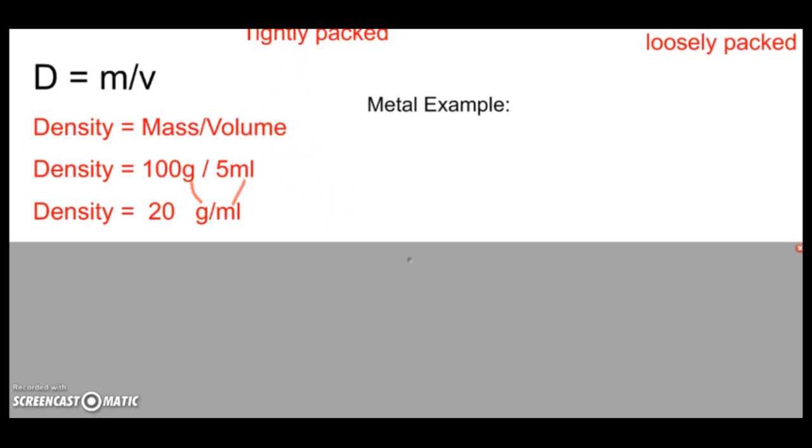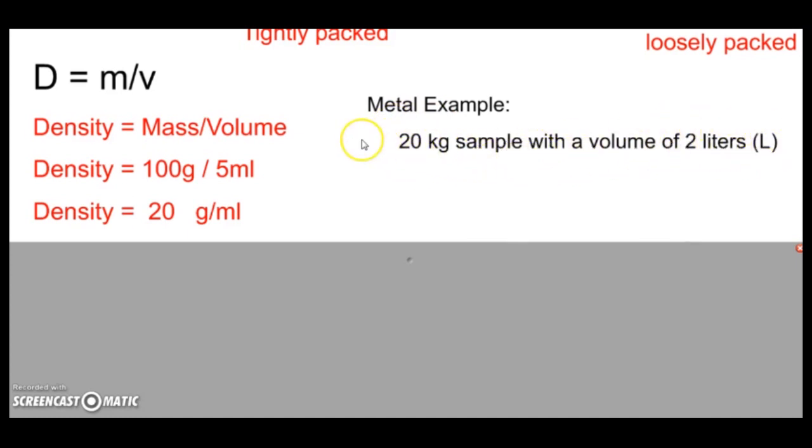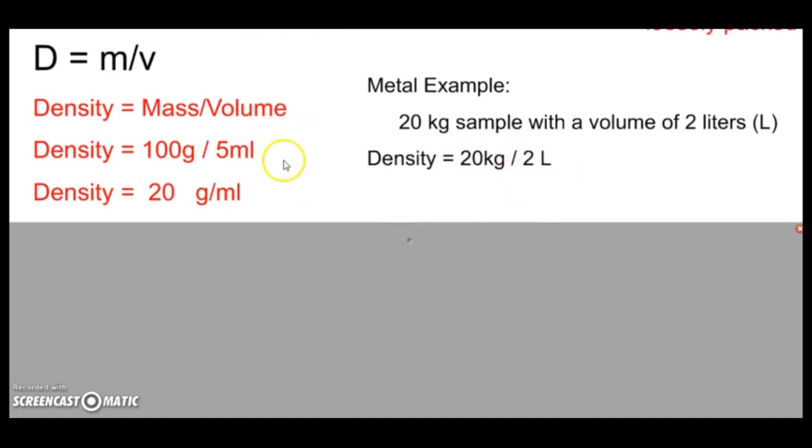Another example is going to be my metal example. So if I have a metal that weighs 20 kilograms, it's a sample with a volume of 2 liters, the math is the exact same. The density equals 20 kilograms divided by 2 liters.